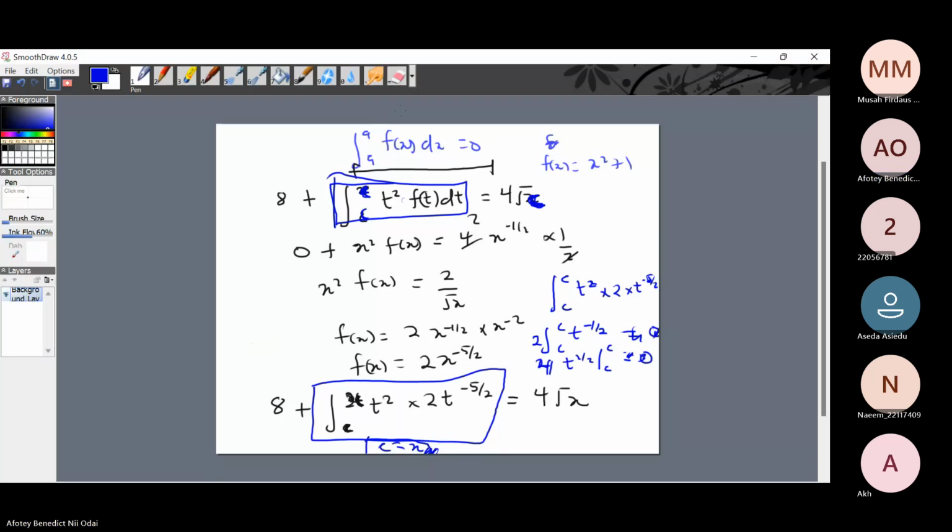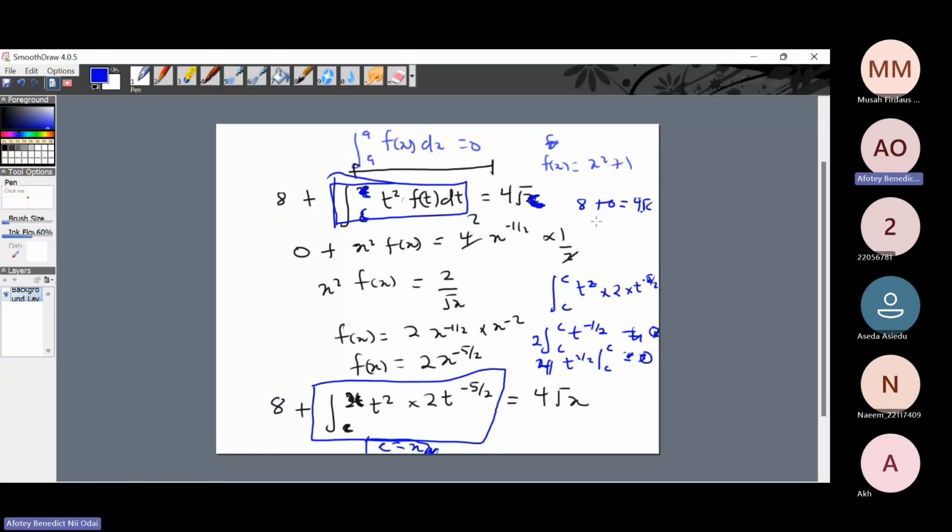So if x is equal to c, this entire part goes to 0, and we can have 8 plus 0 is equal to what? 4 root c.